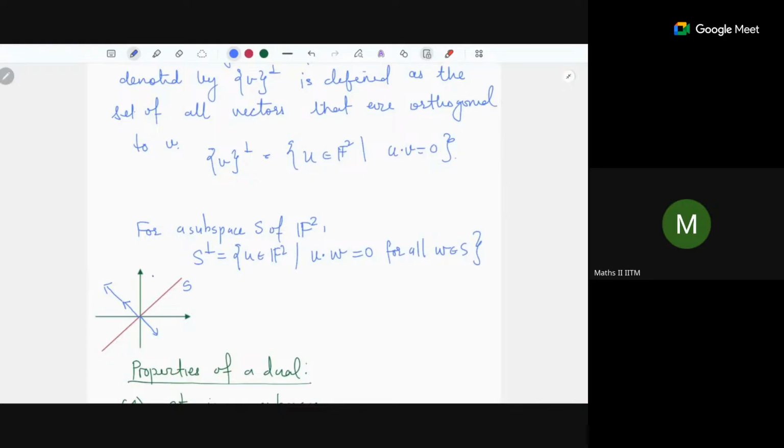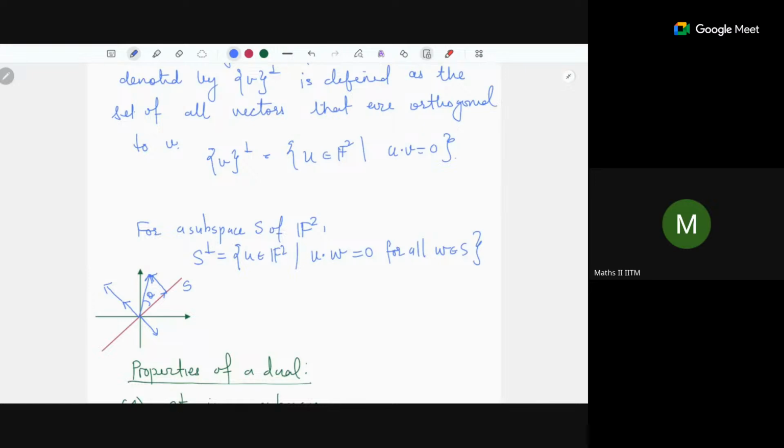But you may say that this vector is also perpendicular to this vector. My question would be, is it? You need to look at the position vector. This vector is making an angle of theta with this point, so they are not perpendicular.